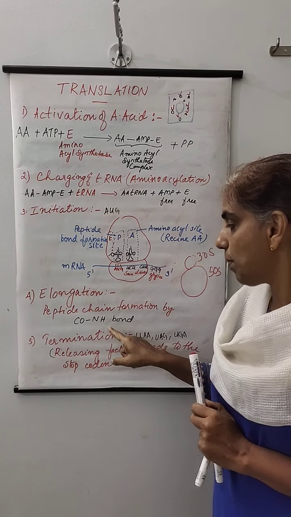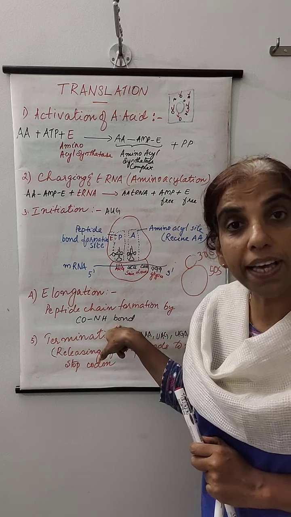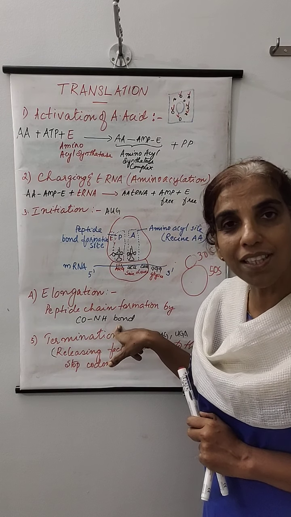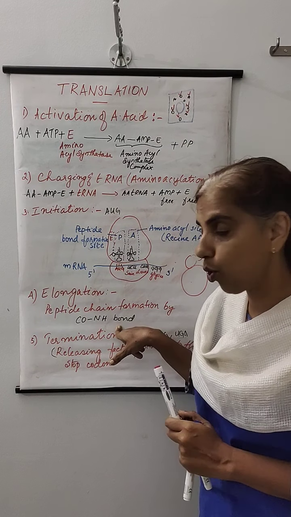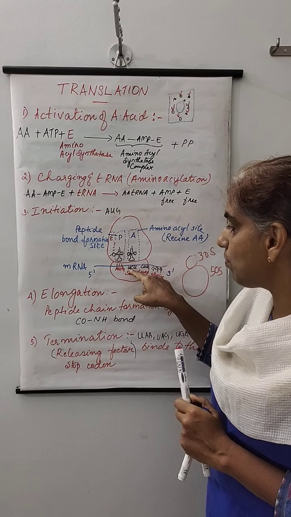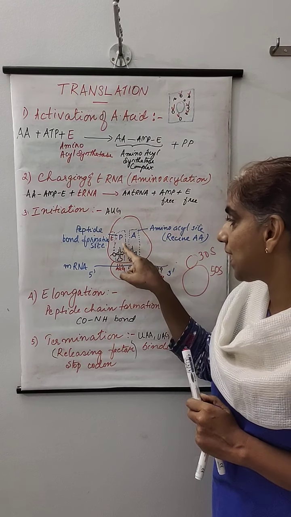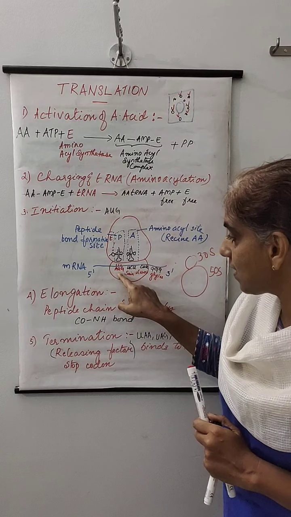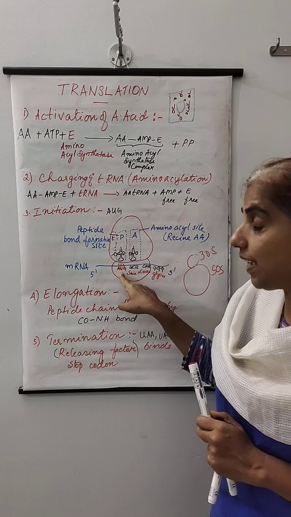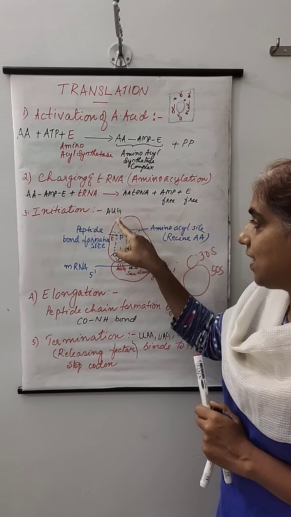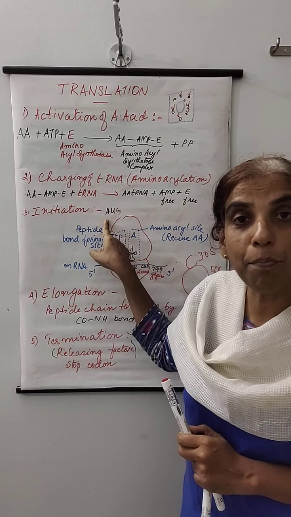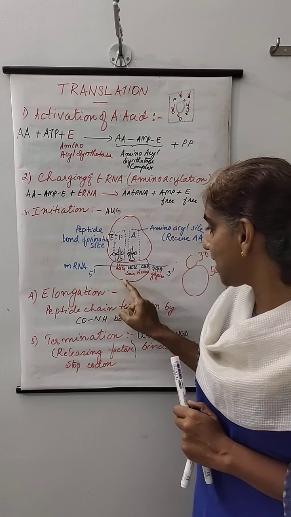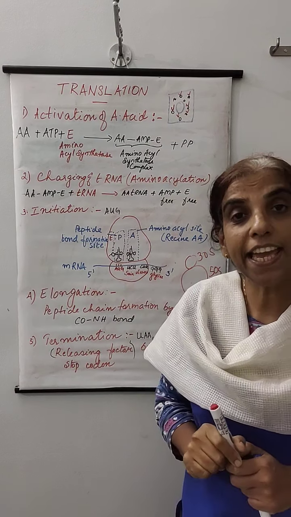This elongation of the peptide chain is mainly by bond formation. We call this bond a peptide bond. So this peptide bond formation takes place at the P site. You can see that initiation is always with the help of a triplet code, that is AUG.